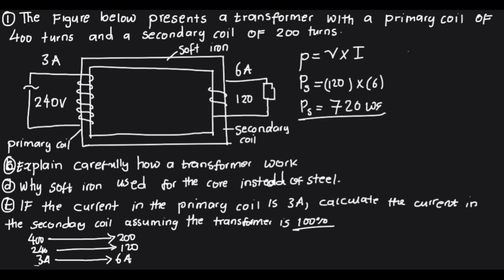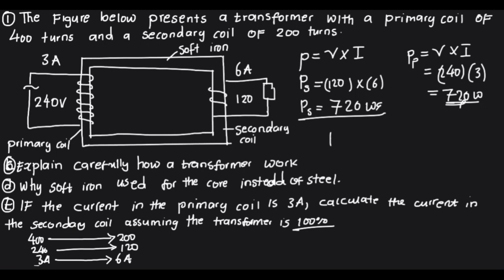Let's also find the power input. Power on the primary is voltage times current. So voltage is 240 times 3 amps. If we multiply 240 by 3, we get 720 watts.